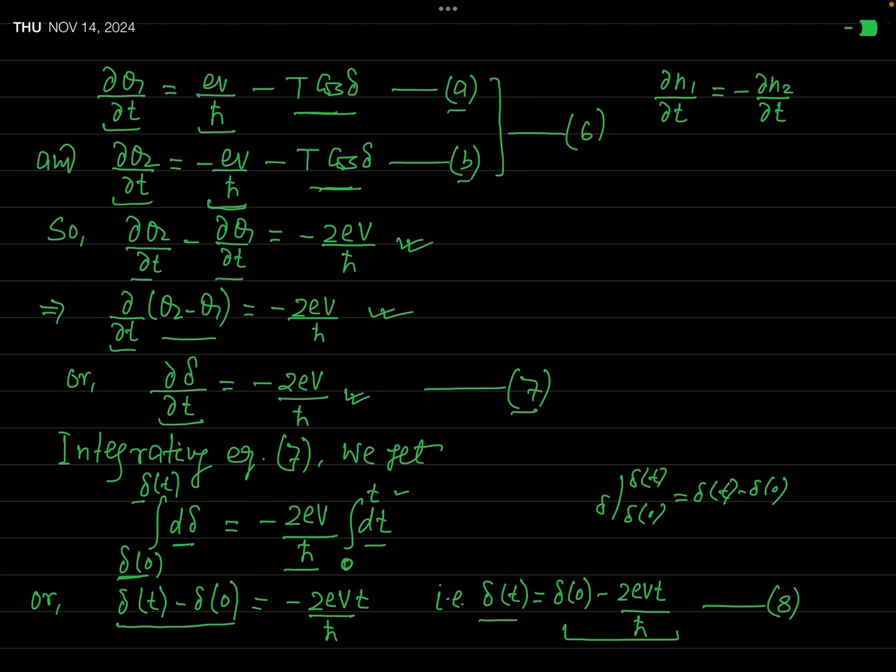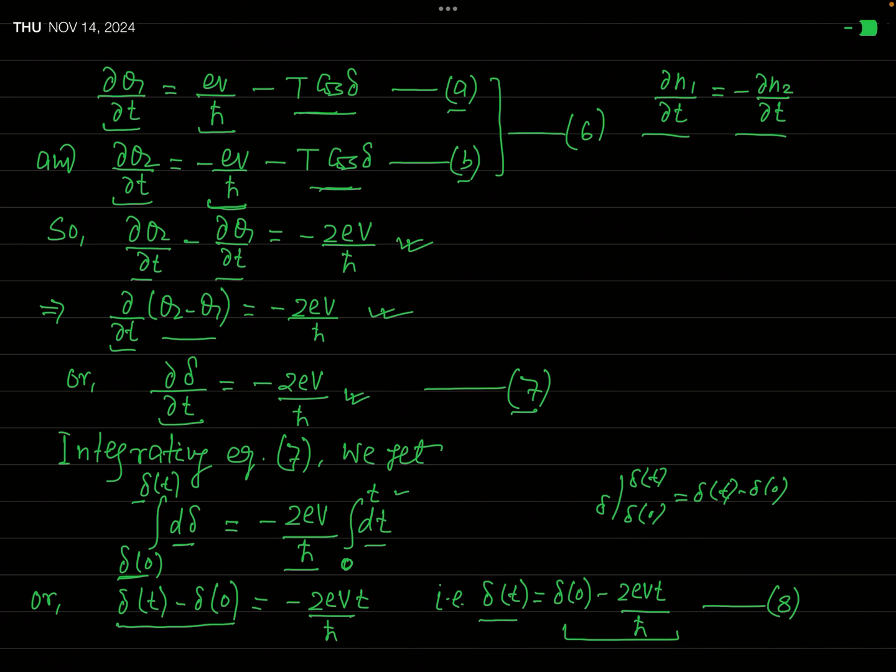Now you know that del n1 by del t is equal to minus del n2 by del t. This rate of change of carrier concentration actually constitutes the current. Here n1 and n2 represent the concentration of Cooper pairs, and so the current constituted by it will be called supercurrent.